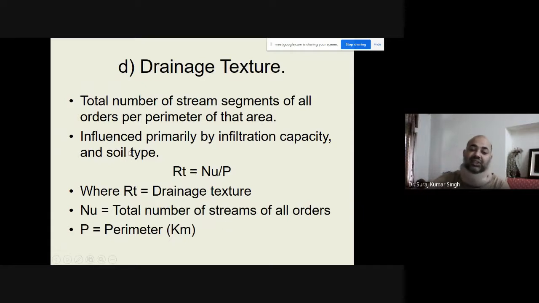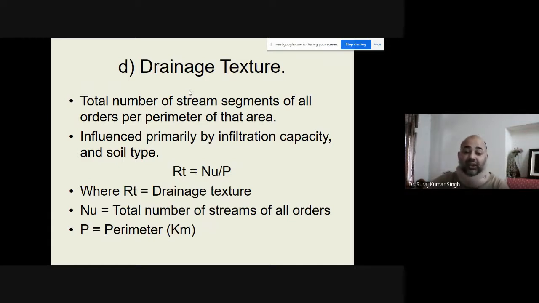Now next is drainage texture. So what do you mean by drainage texture? Drainage texture means the total number of stream segments of all orders per perimeter of that area. So here for the texture, we are not using the area, we are using perimeter, and that is influenced primarily by infiltration capacity and soil type.